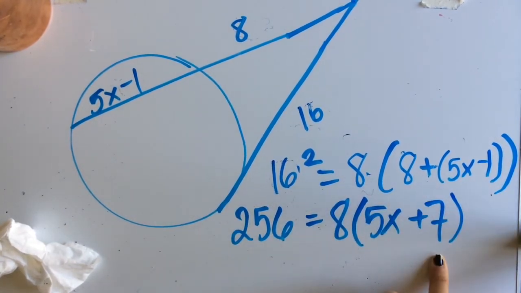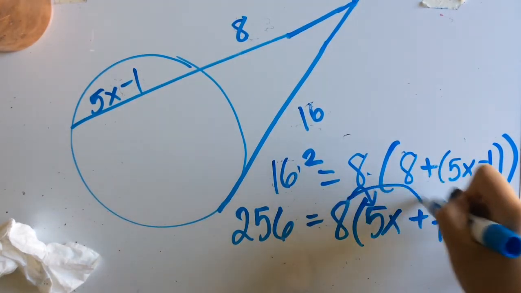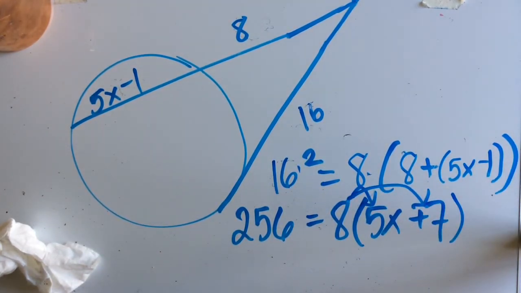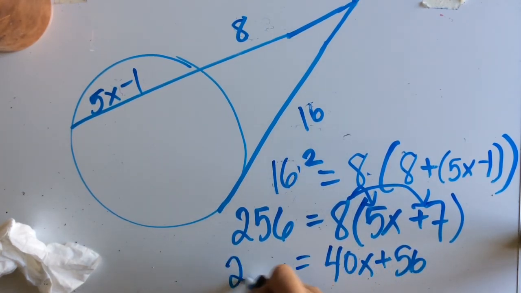Okay, that's one way to simplify it. Now I'm going to go ahead and distribute this 8 so we can get rid of the parentheses. So I am going to get 40x plus 56 is equal to 256.